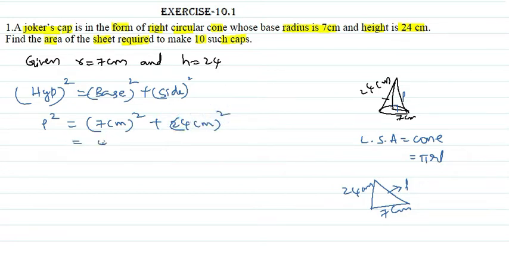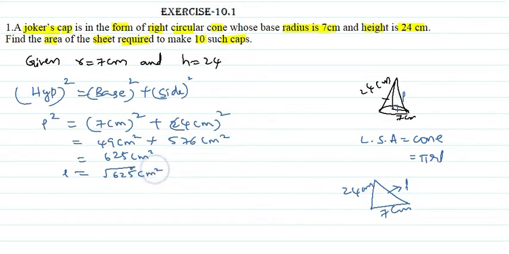So 7 sevens are 49 centimeters square plus 24 squared is 576 centimeters square. If I add these both, we get 625 centimeters square. Therefore l is equal to square root of 625, so we get 25 centimeter. So the slant height of this cap is 25 centimeter.